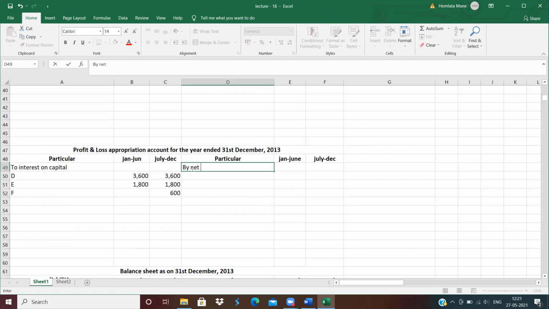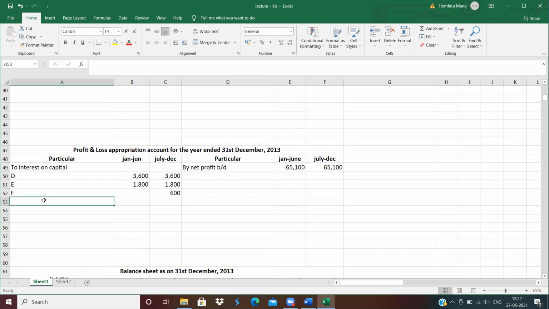Now bring down this balance in the appropriation account, by net profit brought down, 65,100. Okay. Now tally, close this account.